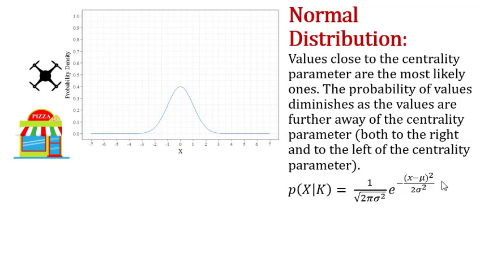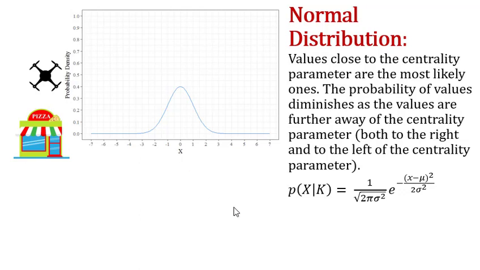So basically, when you apply this formula, it will be centered at 0. But if you add the mean of your data to all these values, then you will have the same distribution but centered around the mean of your data.